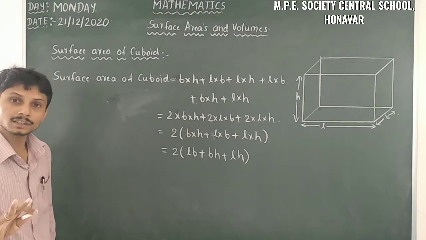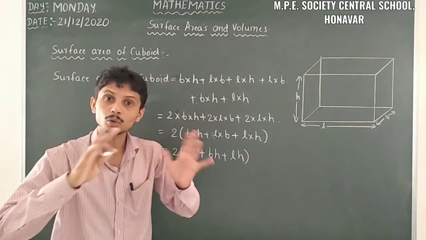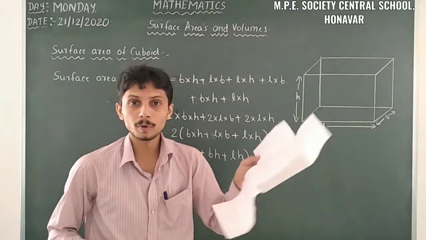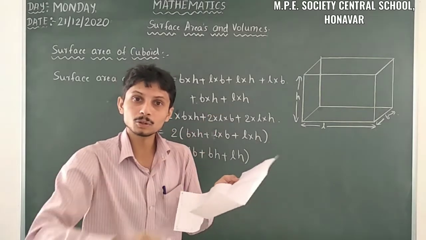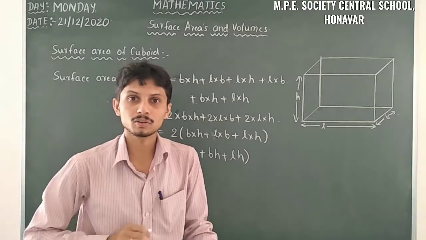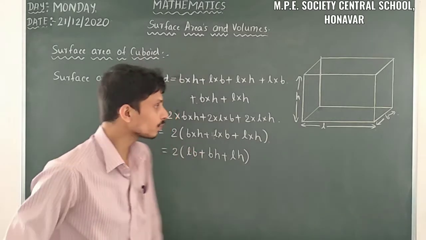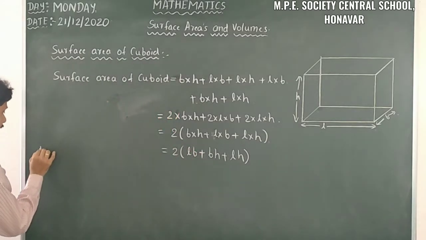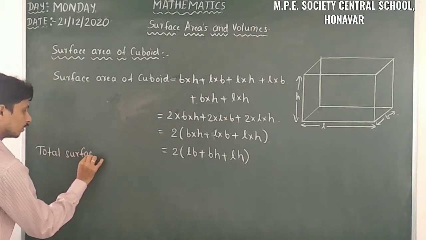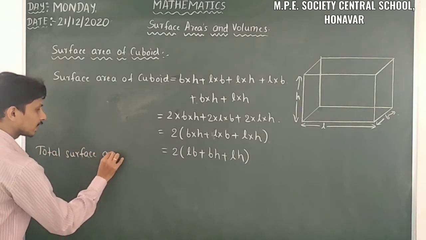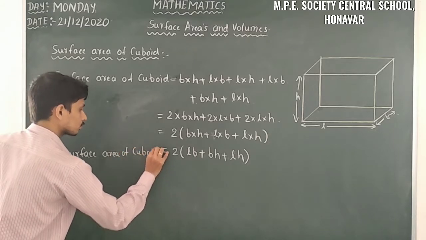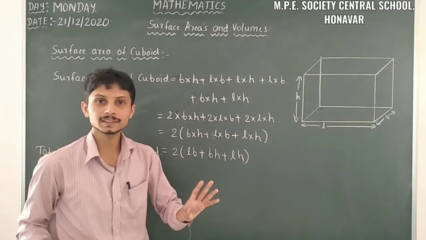I will call this the total surface area, because we have to consider the complete cuboid and all its faces. Surface area of cuboid.